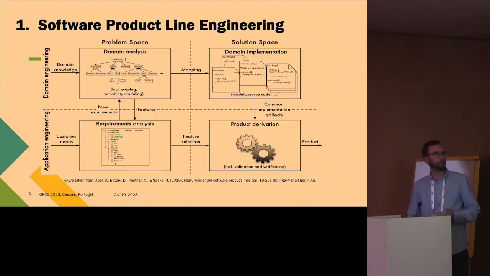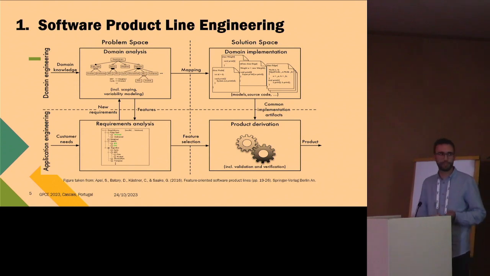And if we move to what software product line engineering is, I will go a little deeper than Camilo did. Software product line engineering is divided into 2 interrelated processes. First, we have domain engineering, which is in charge of building the common platform and also the variability models or feature models that describe the different features available in the product line. Once the common platform is built, application engineering is in charge of deriving the different products of the product line.